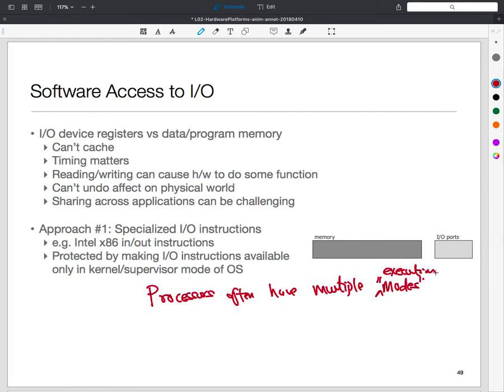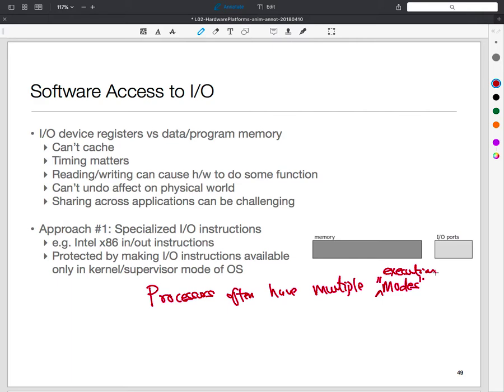But on Raspberry Pi, the processor is running Linux. It's designed for a multi-user environment. There it has multiple modes, except it has an ARM processor, not an Intel processor, but it does have that. So simpler processors don't tend to have privileged versus non-privileged mode, whereas processors meant for more general purpose usage tend to.